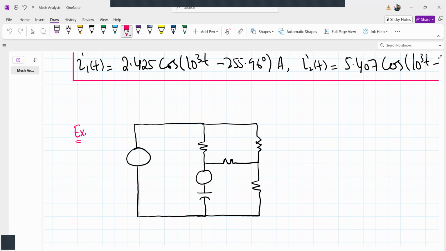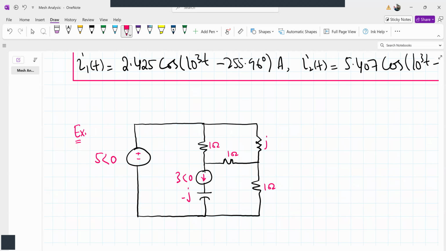Let me write the value of the components. So this time we are directly given the circuit in phasor domain. This is a voltage source. There is a current source here, 3 at an angle of 0. The impedance of the capacitor is minus j. Resistance is 1 ohm. Impedance of this element is j. Impedance of this resistor is 1 ohm.